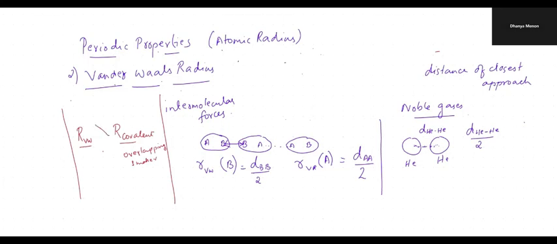Definitely, no doubt, the van der Waals radius is bigger than the covalent radius, because in van der Waals radius there is only the distance of closest approach. There is no overlapping. They can come closer only to a certain extent. After a certain limit, the valence electrons start to repel each other. So that's why van der Waals radius is greater than the covalent radius.